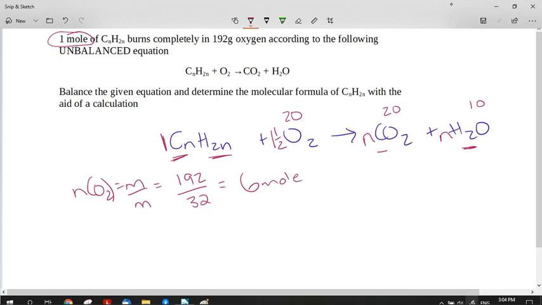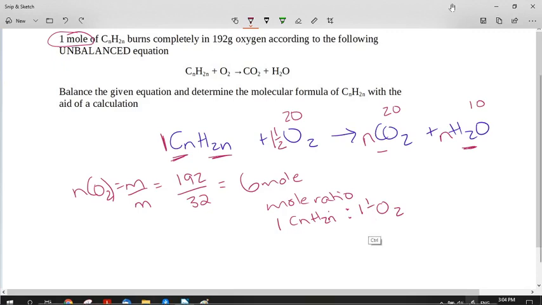Then if we look at our mole ratio like we do in all calculations, the mole ratio of the hydrocarbon to the oxygen is 1 is to 1.5. Currently I have 6 moles of oxygen.